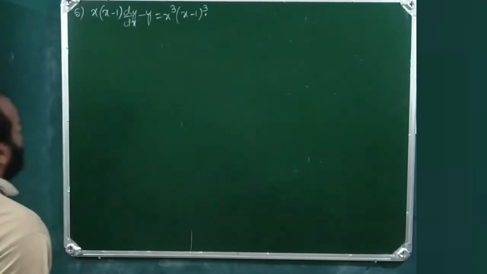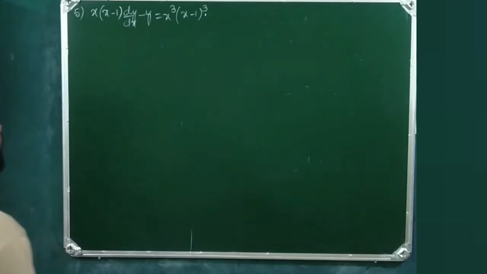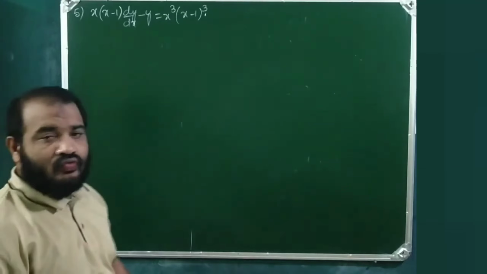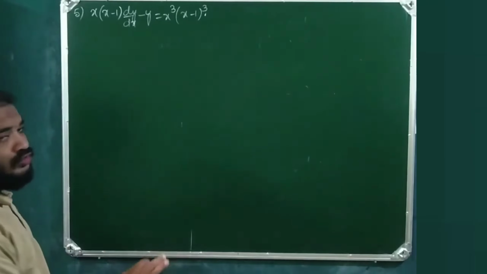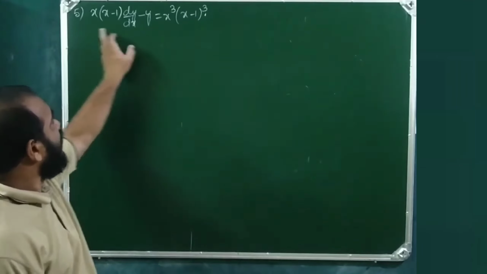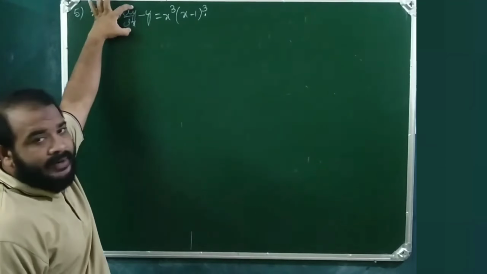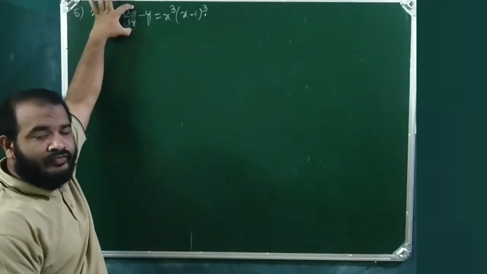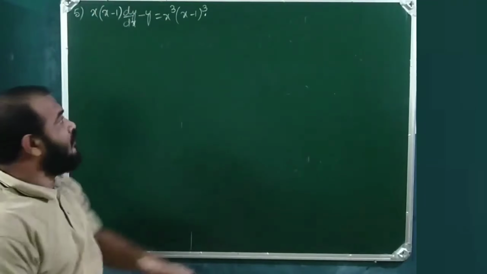Next problem: x into x minus 1 dy by dx minus y is equal to x cube into x minus 1 whole cube. The first and foremost step is dividing by the coefficient of dy by dx to make the coefficient of dy by dx equal to 1.